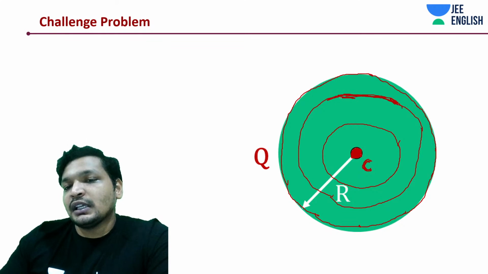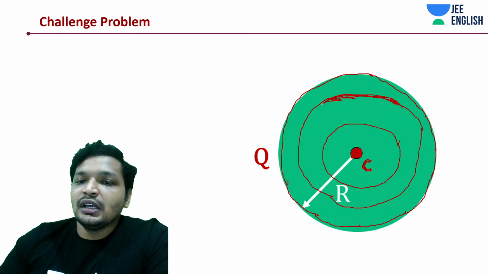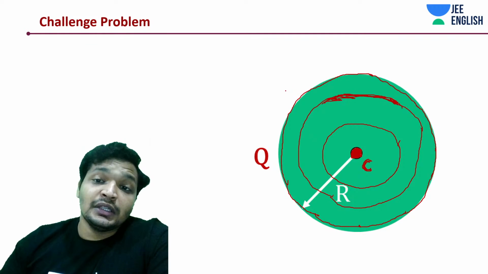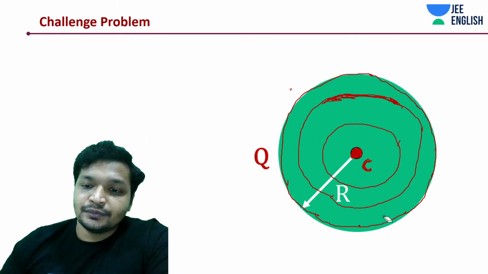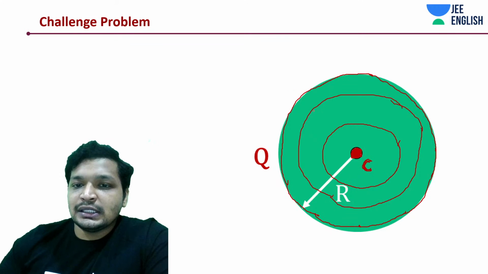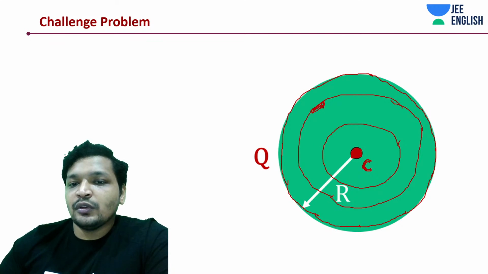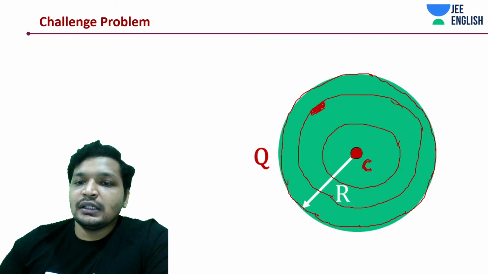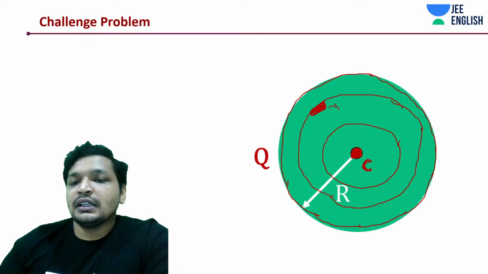An example in this case, let's call this a shell. This is a shell with some thickness, throughout the volume. Let's call this thickness dr. Everywhere the shell has a thickness.